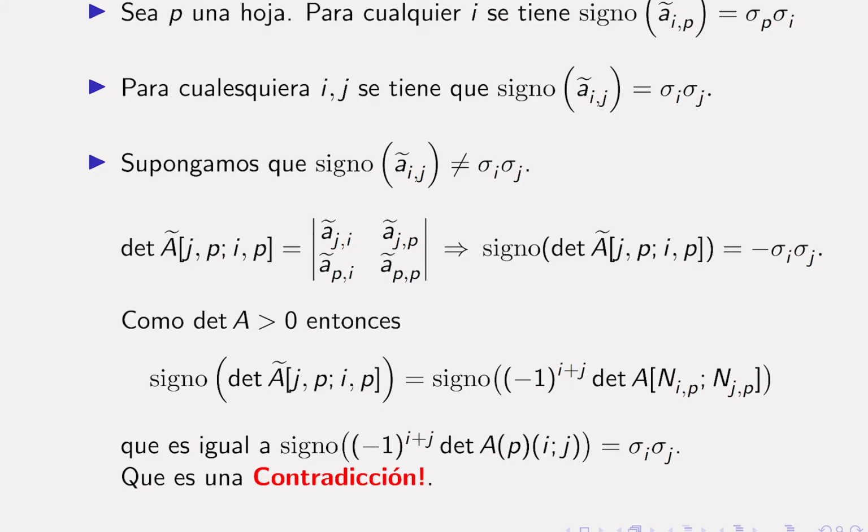But the determinant of A tilde JPIP is just JI here, JP here, PI here, and PP here. So this determinant is just this value. So we know that this sign needs to be minus this.